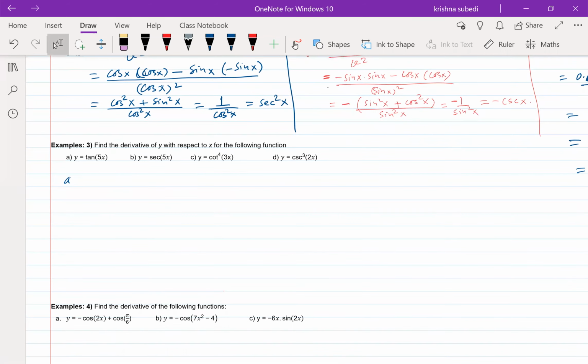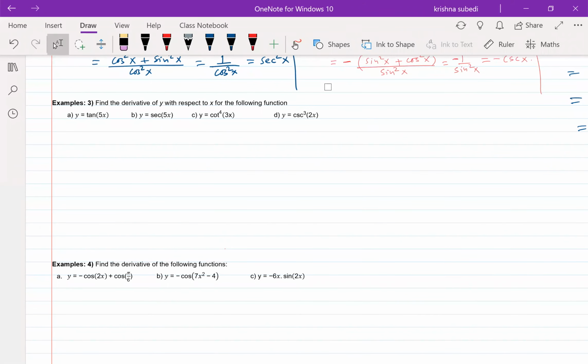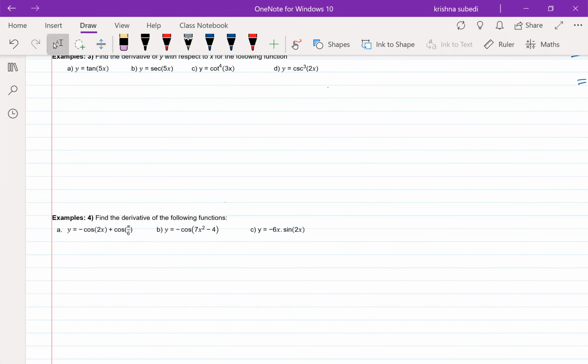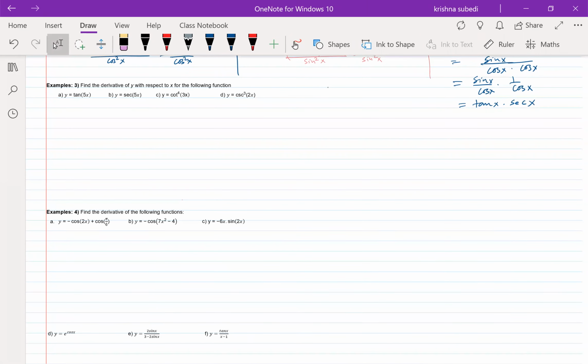Which question do you want me to do? Let me know, and then the remaining you will do in the breakout room together with your friend. I'll do one question from example 3, one question from example 4, and the remaining you will do by yourself. C, okay, good. All right, guys, let's try part C.